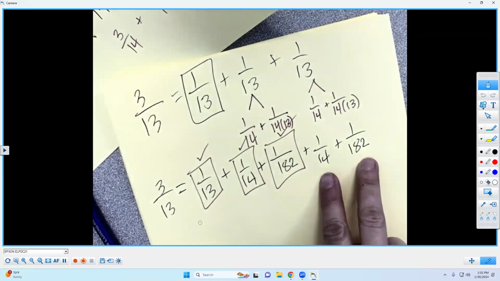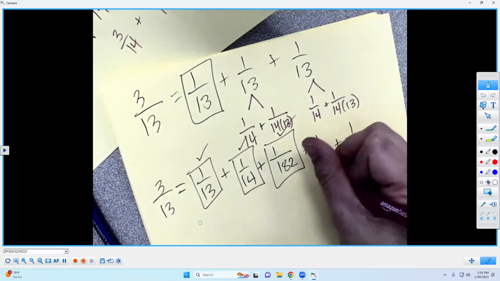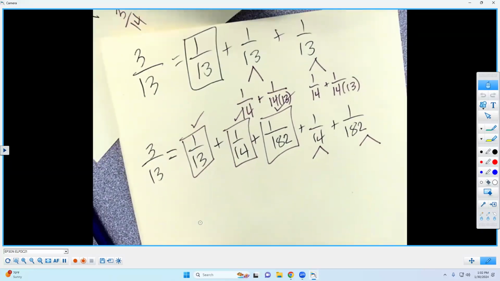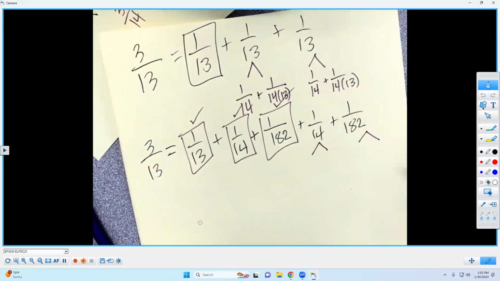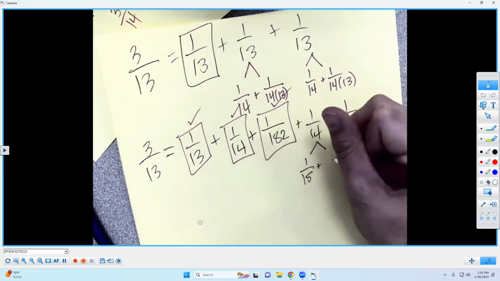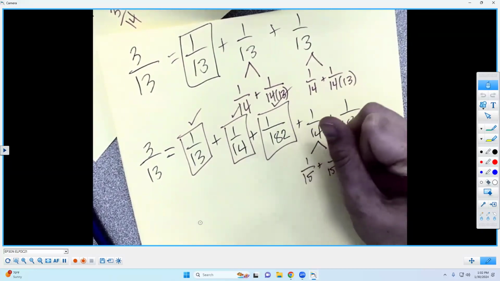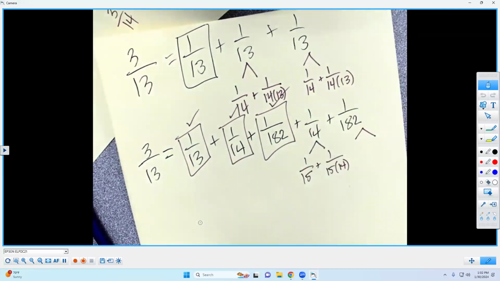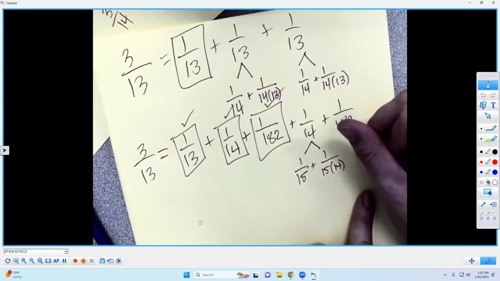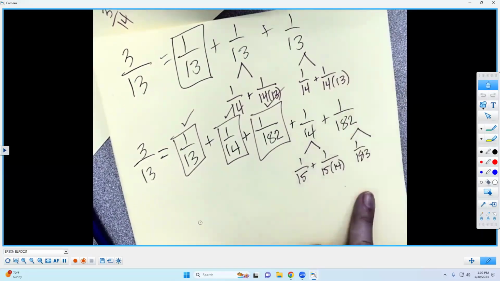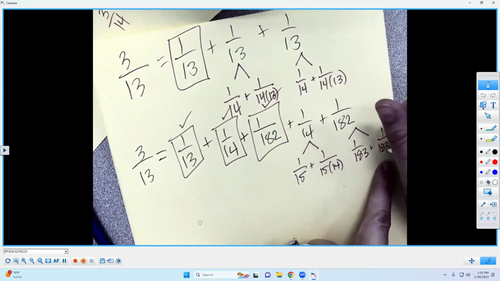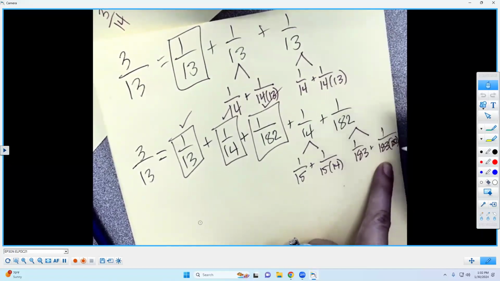I can't have those 2, so I have to do it again for both of these. So 1/14 would split into 1/15 plus 1 over 15 times 14. And this one's the super big one: 1 over 183 plus 1 over 183 times 182.